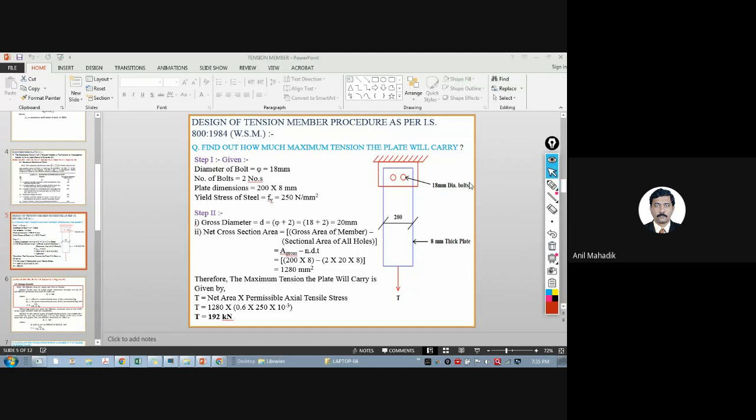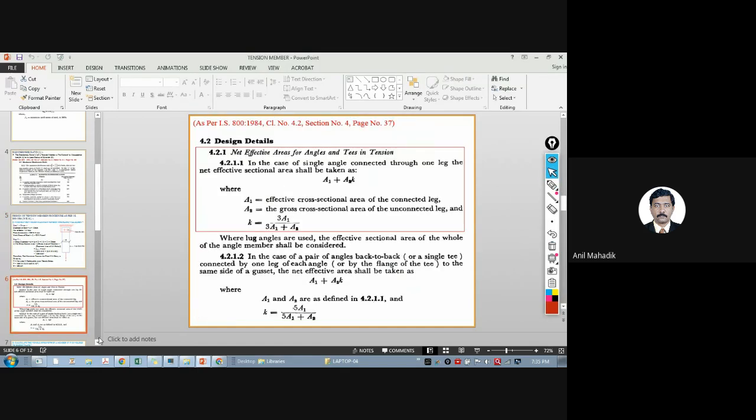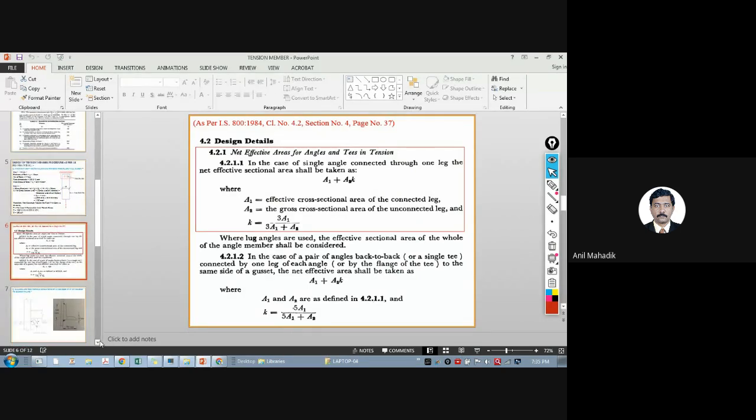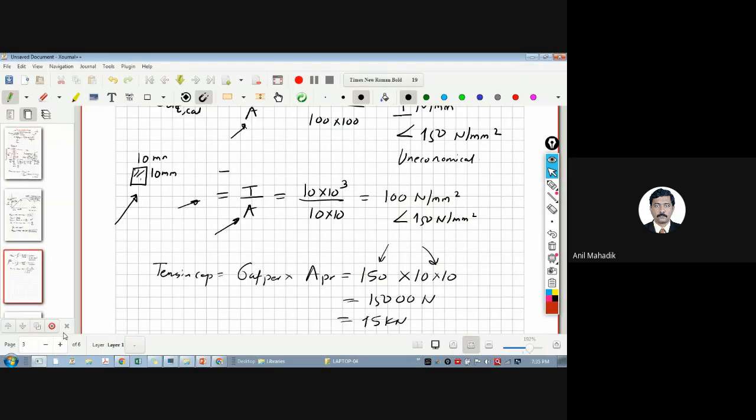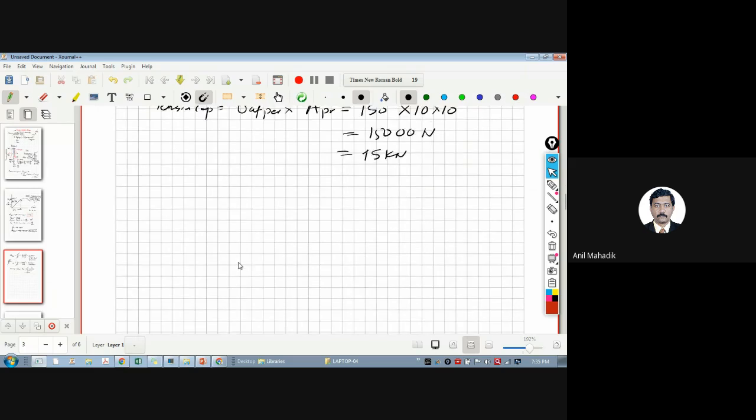Now let's go into the next example, which is something related with the angles. So let's say you are having one problem. You know that in trusses there are diagonals and so on. Let's go again there. Last time we have solved that problem.